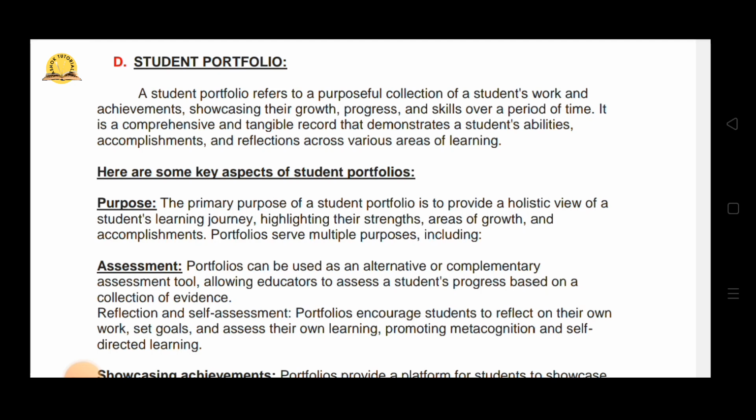A student portfolio refers to a purposeful collection of a student's work and achievement, showcasing their growth, progress and skills over a period of time. It is a comprehensive and tangible record that demonstrates a student's abilities, accomplishment and reflection across various areas of learning. So this student portfolio is a collection of different activities the students perform, the academic as well as the co-curricular activities, the limitations, the pros and cons, the problems, the success the students are having as they are growing up.